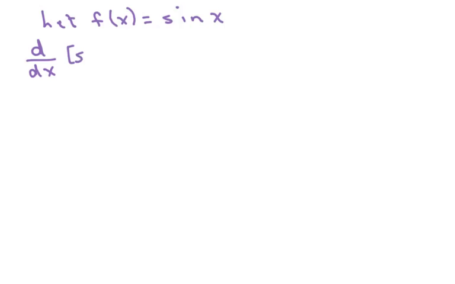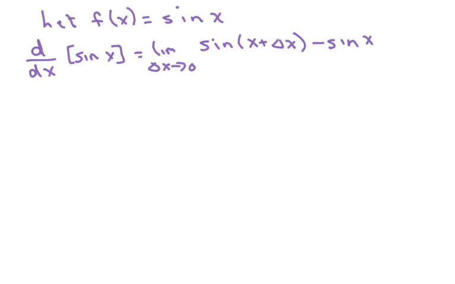So we want the derivative of sine of x equals the limit as delta x approaches 0, and everywhere there's an x, I'm going to put x plus delta x, based on my definition of a derivative, minus sine of x, all over delta x.